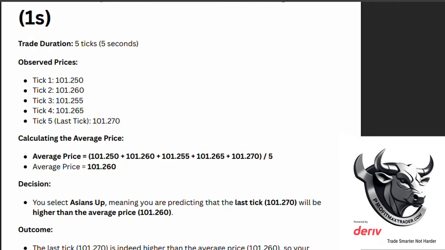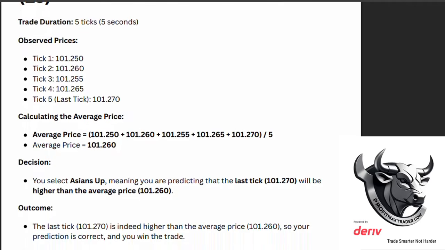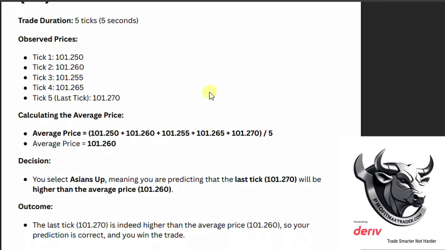Okay, now when you're trading, let's say you're trading Asian up, what does that mean? Asian up simply means you are predicting that the last tick, this last tick, tick 5, the price that was there will be higher than the average price.